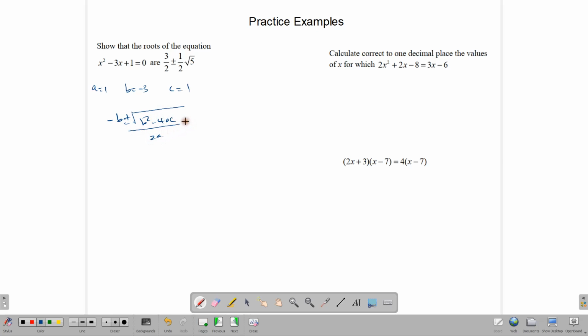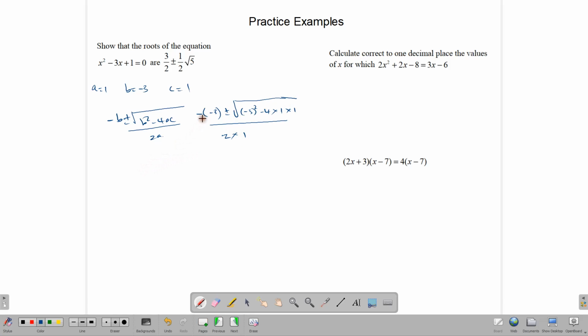And we're simply going to put these values in. So we have minus b, which is minus -3, plus or minus the square root of b squared, which is -3 squared, minus 4 times a, which is 1, times c, which is also 1. And all of that over 2 times a, which is 2 times 1.